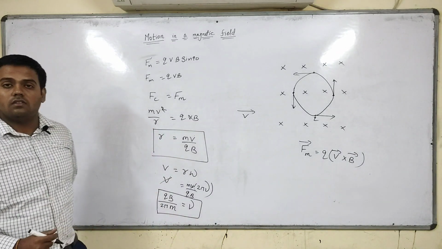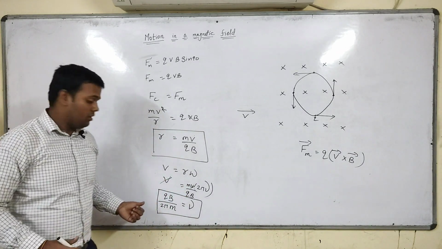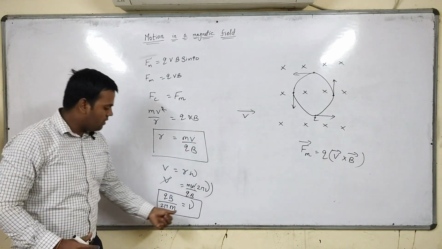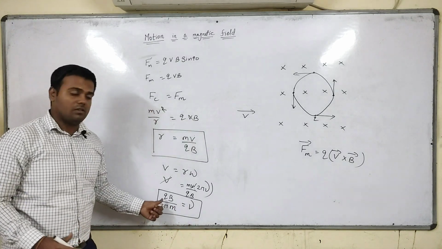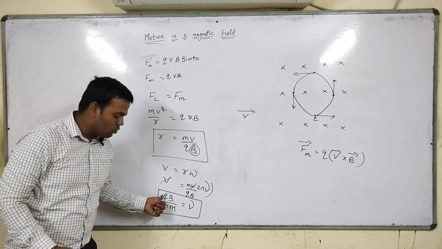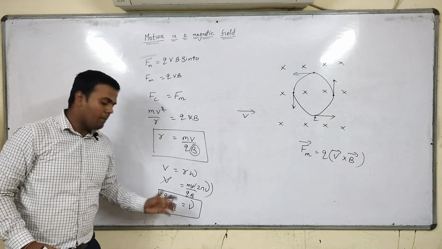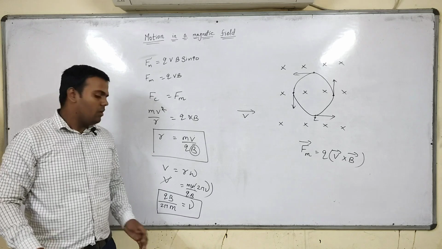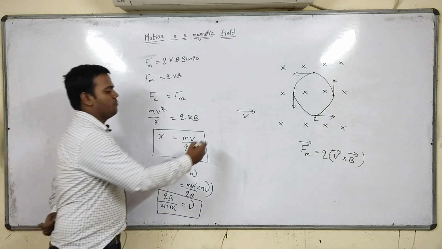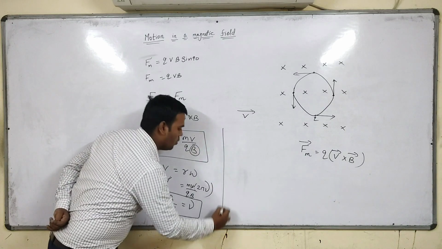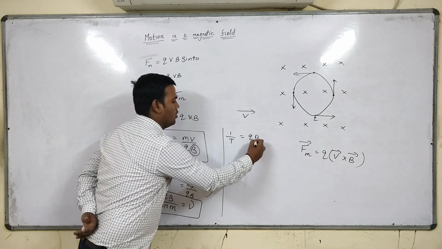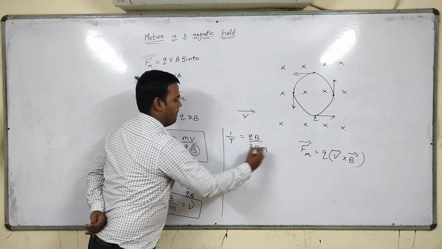Here the main thing happens. The radius depends only on velocity, and the frequency is constant. As here we have taken the magnetic field constant, q is constant, B is constant, and the mass of the charged particle is also constant, which means the frequency is constant. And as we know, frequency is 1 by T, which is equal to q B by 2 pi m.